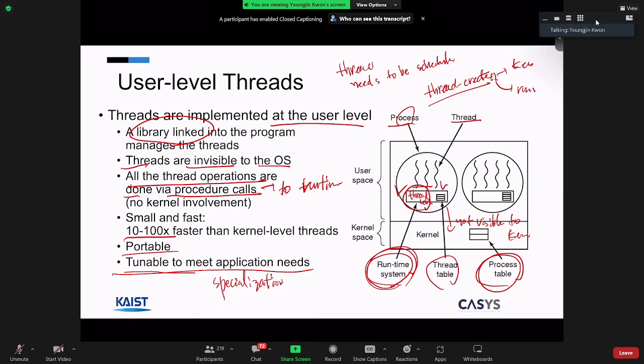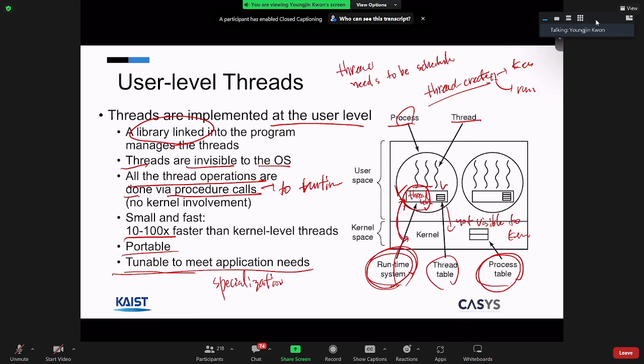Timer interrupt. When you schedule, we will learn about the scheduler in the next lecture. The scheduler is invoked at the occurrence of a timer interrupt. But does the timer interrupt get delivered to user level? Kernel. Timer interrupt, it is delivered to the kernel. Okay. Without special care, the thread runtime never gets the timer interrupt.